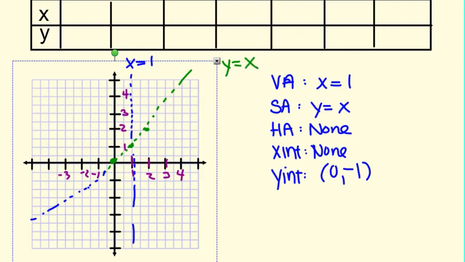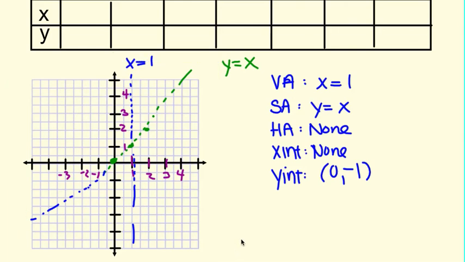There's my slant. Horizontal and x-intercepts are none. Y-intercept of 0, negative 1.